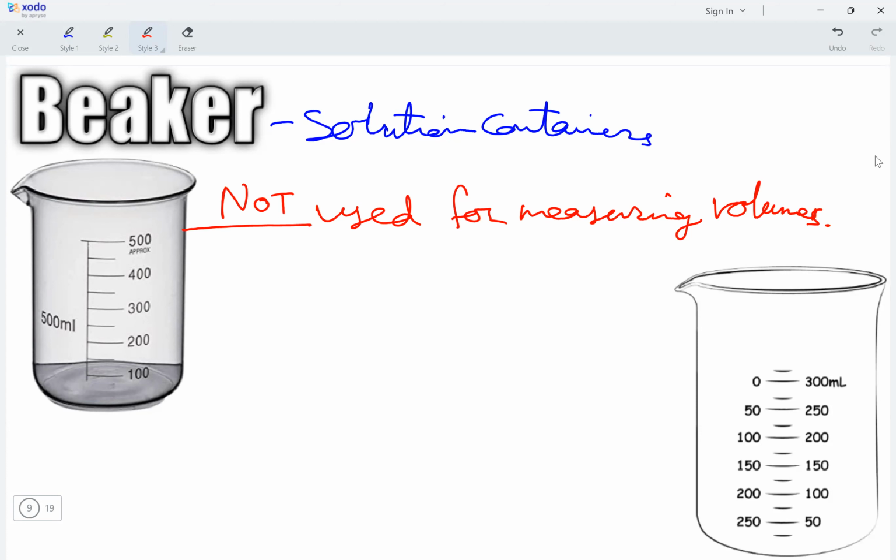We cannot use this volume measured using a beaker anywhere, because this is not even as accurate as the volumes measured using a measuring cylinder, which is a piece of apparatus used for measuring approximate volume. So, in conclusion, we can say that a beaker is only a solution container that gives us an idea of how much liquid is present inside it. The volumes mentioned on the beaker are not accurate at all.